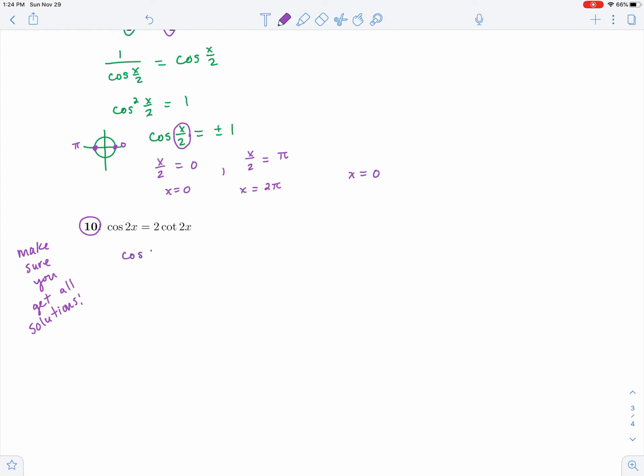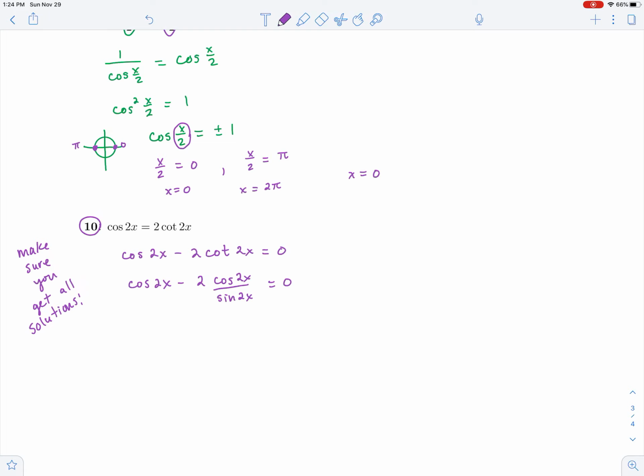Cosine 2x minus 2 cotangent 2x equals 0. I want to factor out, actually, let me go ahead and write cotangent as cosine over sine.